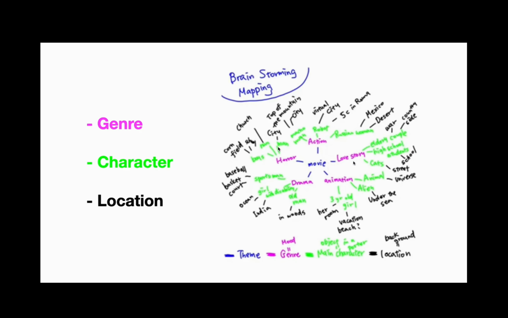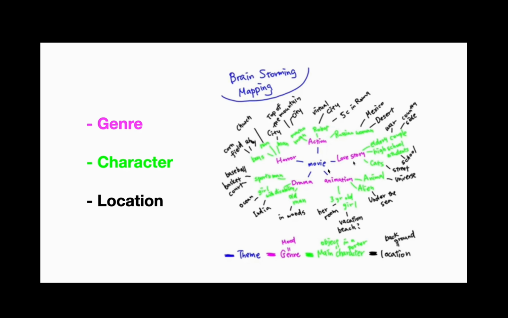And so one of the very first things is I want you to create your own movie poster. To do that, we're going to first think about what kind of movie we want to do. So we really need to do sort of a brain map about it, a brainstorm map.